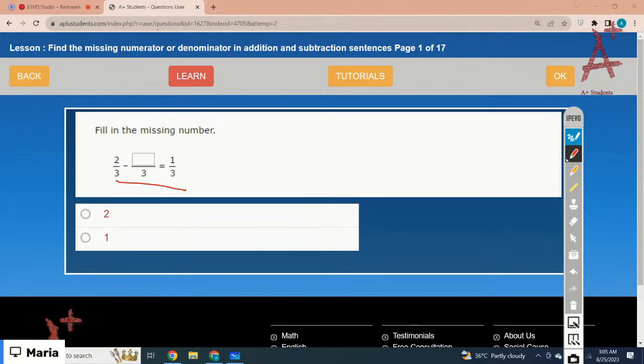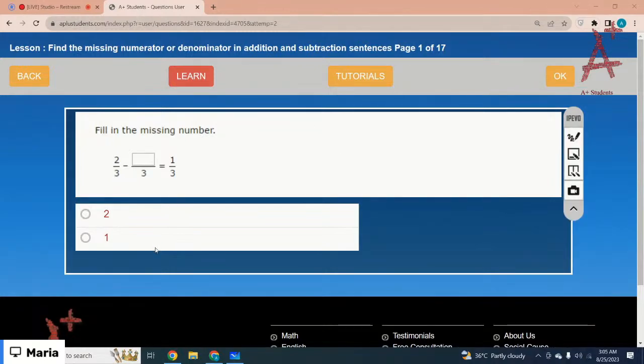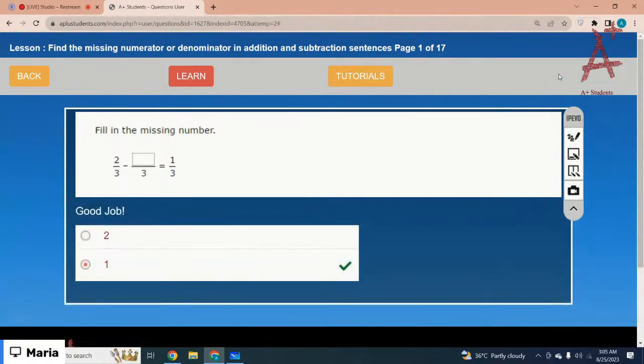That means the missing one is 1. Because they have the same denominators, you simply have to find the number that when subtracted from 2, the answer equals 1, right? So it will be 2 minus 1 equals 1.